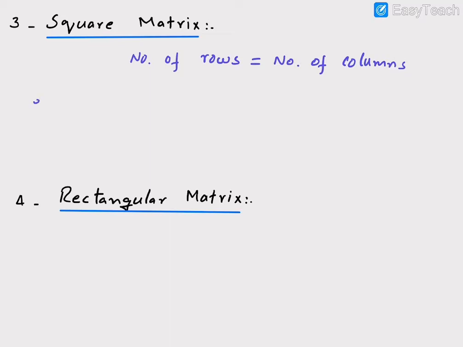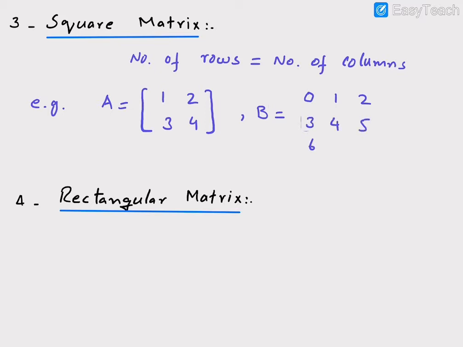For example, we have a matrix A whose elements are 1, 2, 3, 4. Another example, we have B. B has elements 0, 1, 2, 3, 4, 5, 6, 7 and 8. This is also a square matrix.